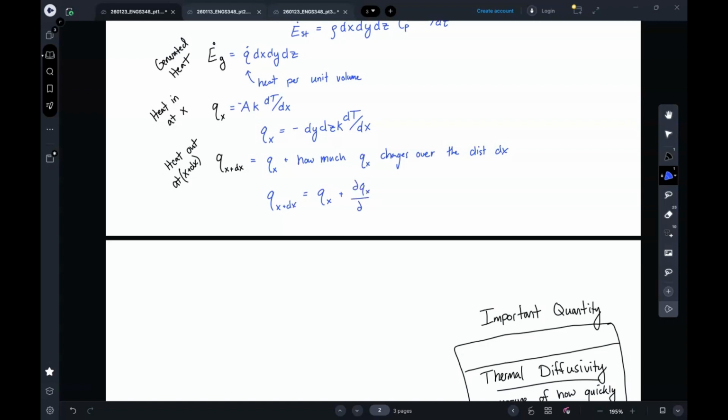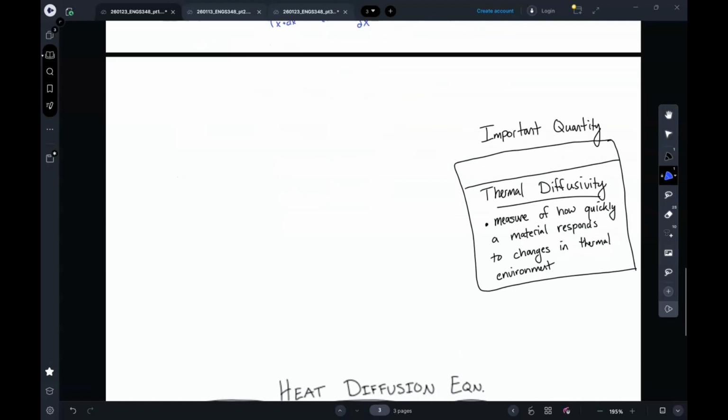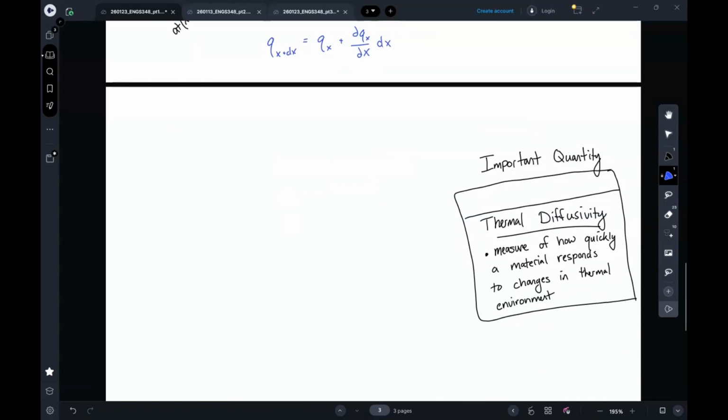So that's the derivative of qx with respect to x. That's how fast we're changing, times the distance over which we changed, which is dx. Kind of a weird way to write it. Hopefully that makes at least some sense. Now what we're going to do is ignore that at the right for a second, and put all of this together.